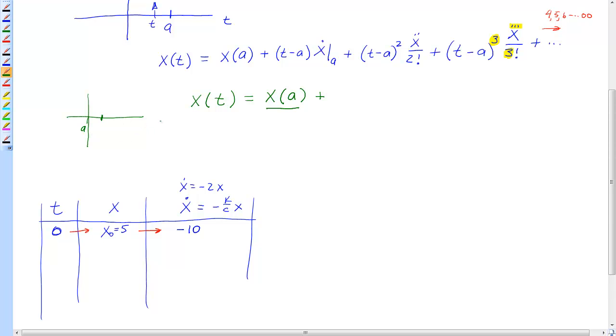Then I'm going to say t minus A, x naught at A. So what I'm saying here is, x dot at A. If we say A is equal to 0, we may want to find out what the derivative is here, which would be that minus 10, multiplied times a time step, which is the value you're looking at, and finding out the value at t being x naught plus, say, a delta time times the valuation at A.